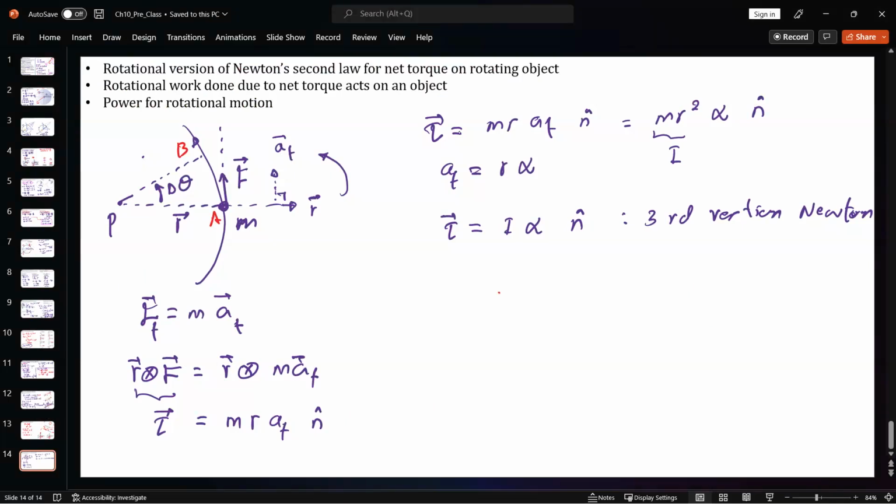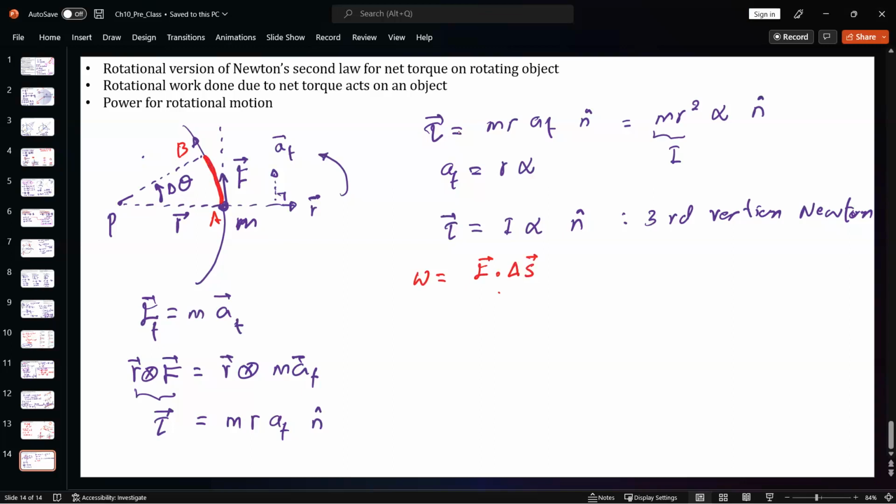Now let's take a look at the work done. We can write the work done for this scenario, which is the dot product between the force and the displacement, so force times the displacement, which is, let's consider, delta s or ds. That delta s, this part right here, is the amount it's traveling along this linear path.